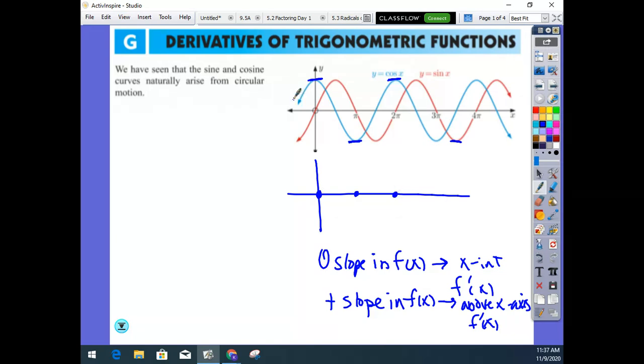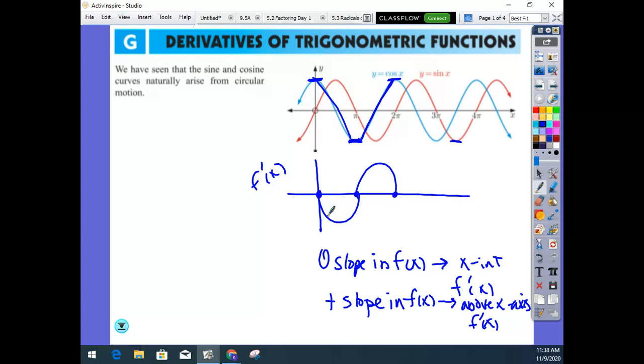So zero slopes here correspond to x-intercepts on the derivative graph. Between this zero slope and this zero slope, it's negative, it's all down, that means it's below. Then between this one and this one, it's positive, so it's all above.